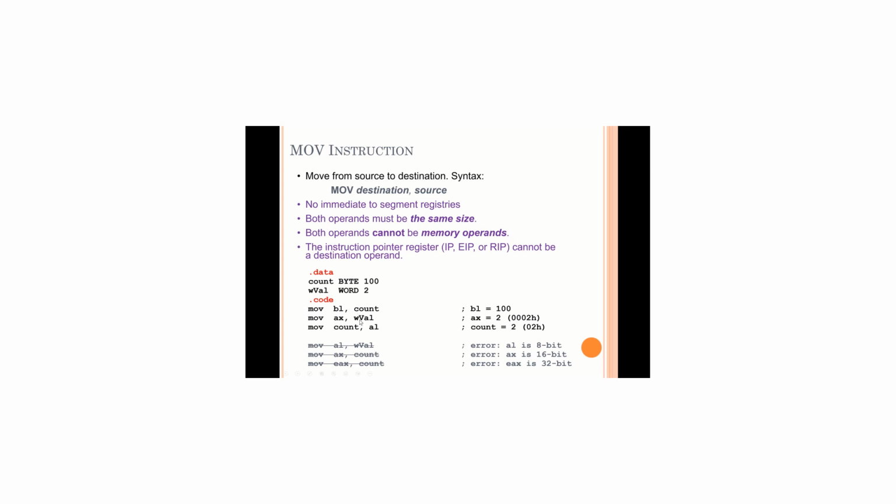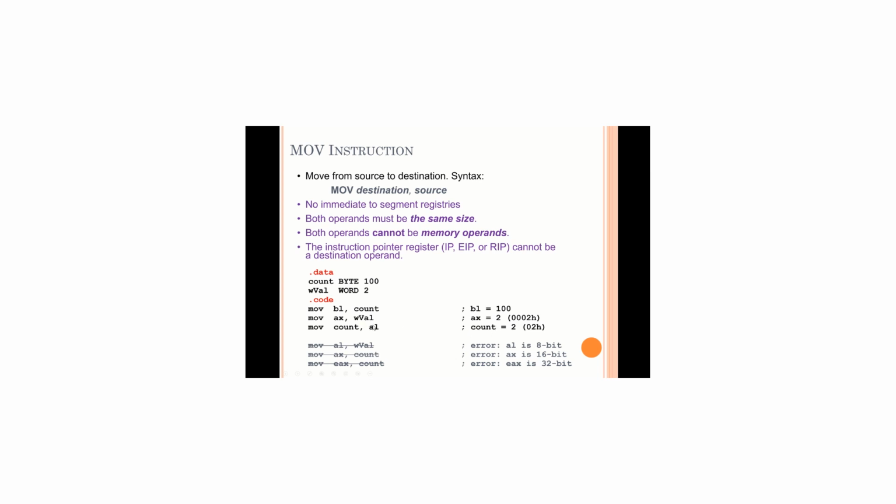And you can move WVal, a word, which is 16-bit, to AX, and AX is a 16-bit register. And you can move the AL register to count, because count is a byte and AL is 8-bit, so that also works.